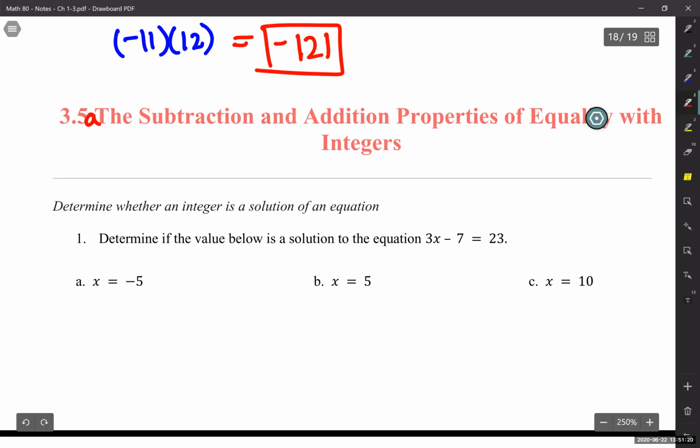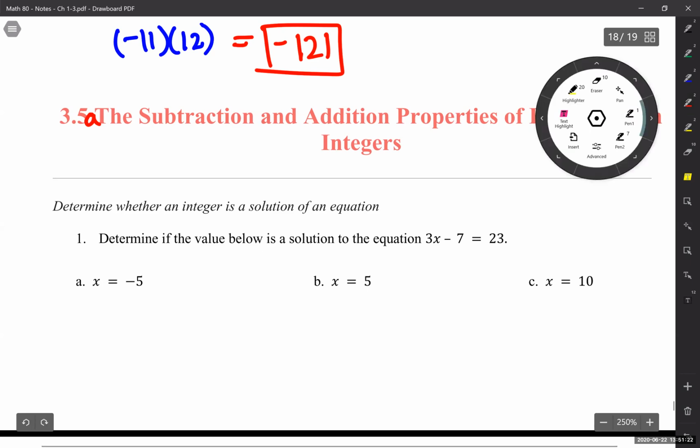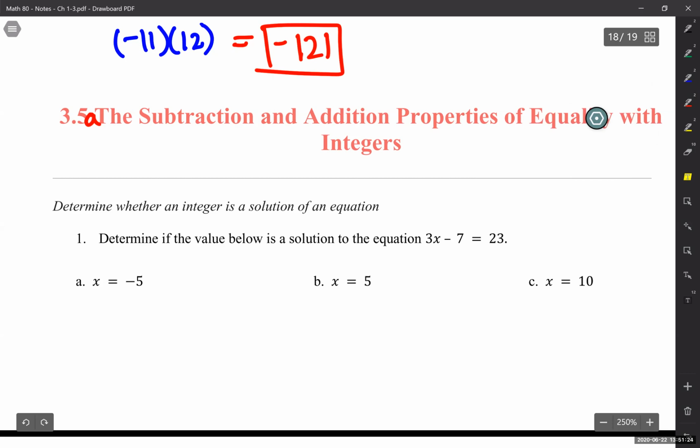Okay, here is A. A says 3.2a is the subtraction addition properties with integers. We have done these properties before, we're just doing them with positives and negatives now. First we want to check if something is a solution. I will plug in negative 5. Is that a solution?